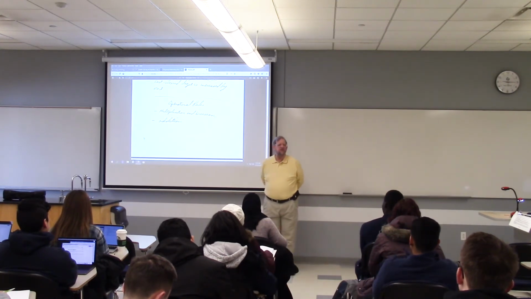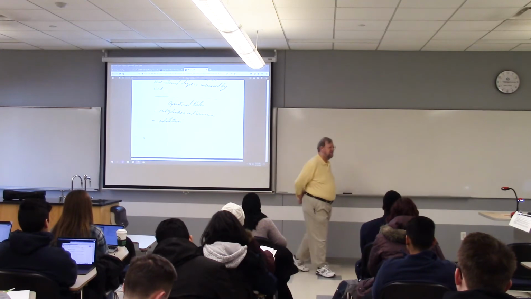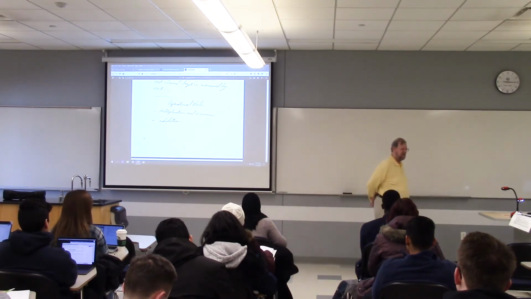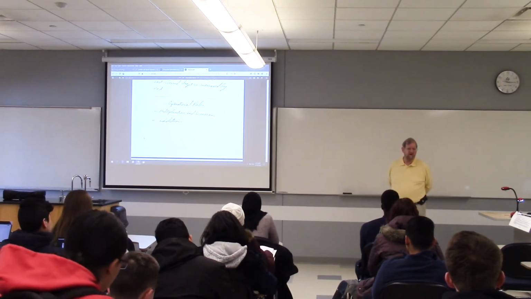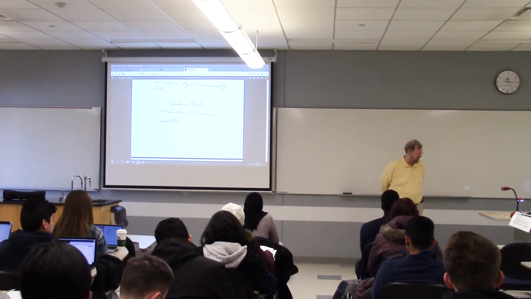The answer should have the same number of significant figures as the number you're multiplying or dividing that has the fewest significant figures. I'll say it again: the answer should have the same number of significant figures as the number that has the fewest significant figures.